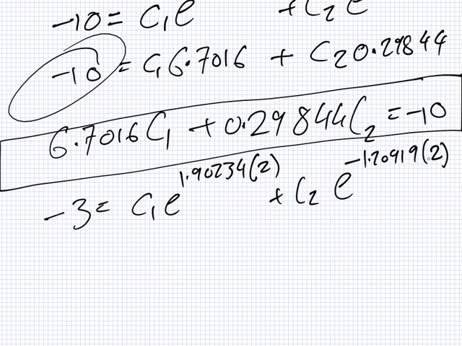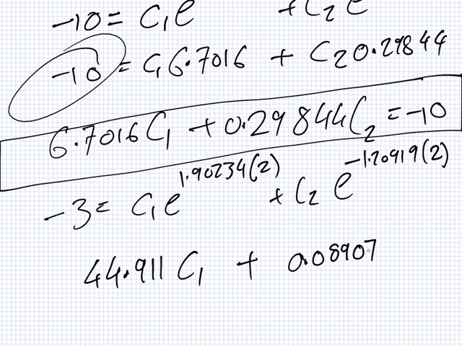So let me clean that up. I should get here 44.911 C1 plus 0.08907 C2 equals minus 3.